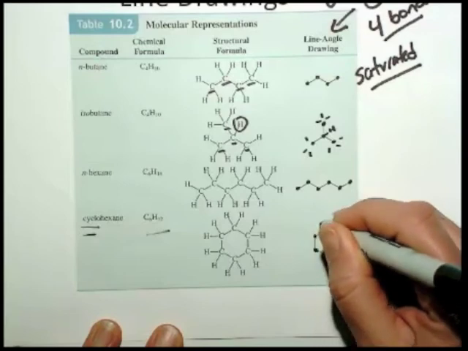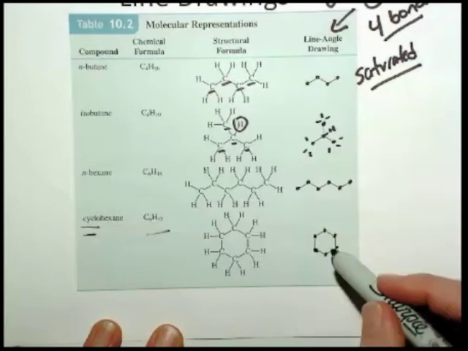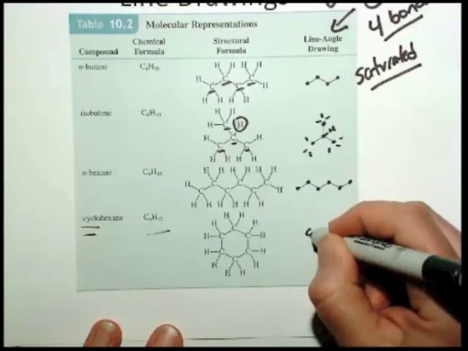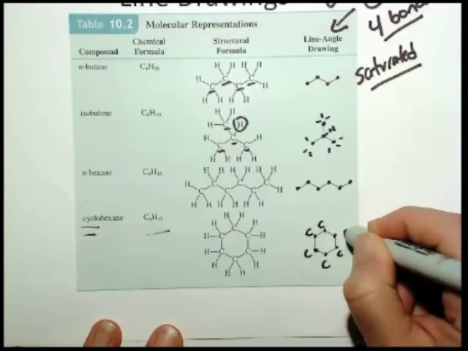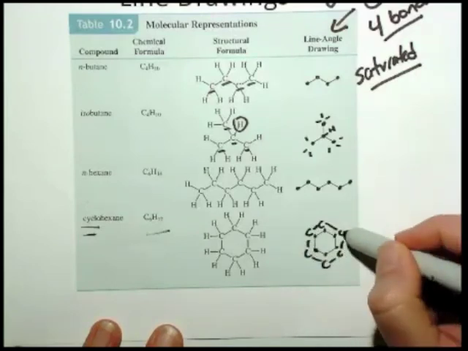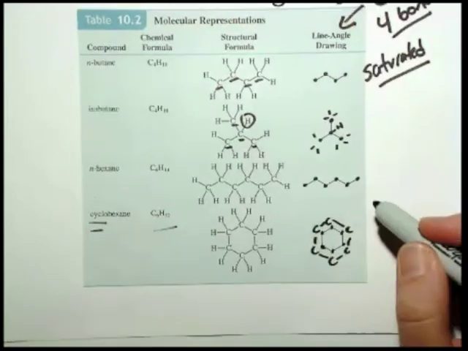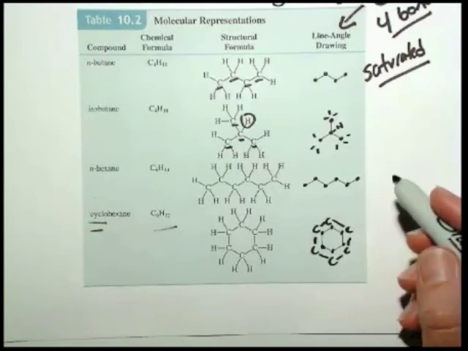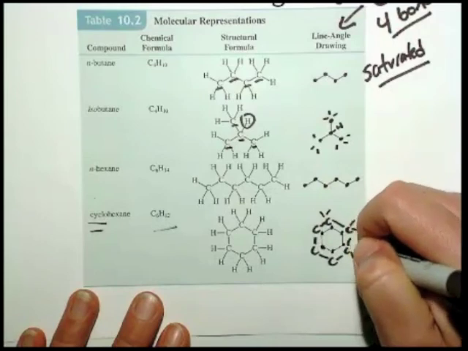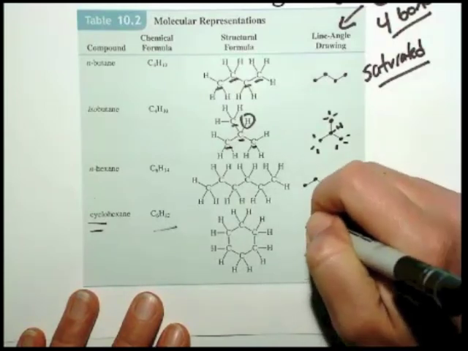So there's 6 carbons here, each one is saturated, and since each carbon is connected to 2 other carbons, see there's a carbon here and a carbon here and a carbon, carbon everywhere, since each one of these carbons is bound to its neighboring carbons, that means that it only needs 2 more bonds to satisfy that it has 4 bonds. So each one of these carbons in this chain has 2 hydrogens, and you can see it here in this structural formula.